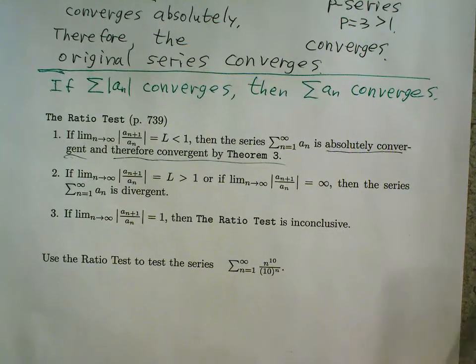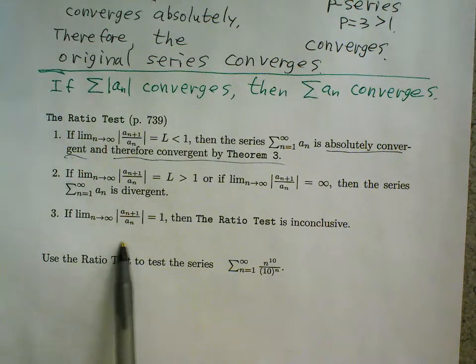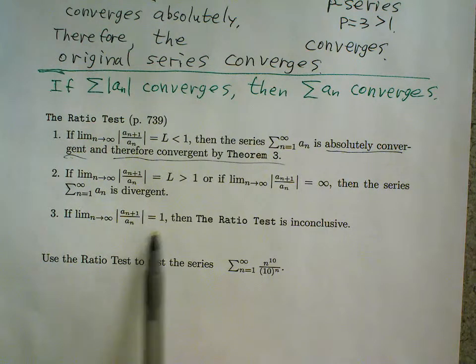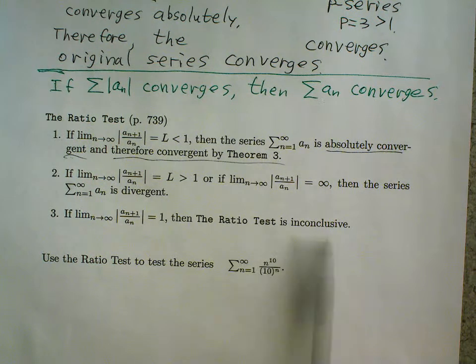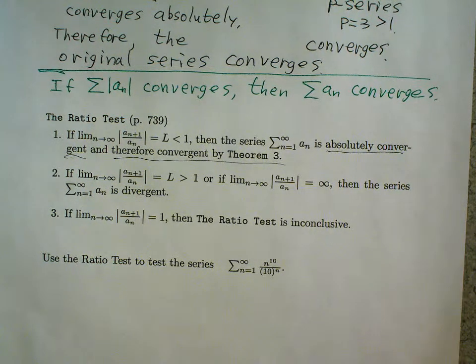And then a third possibility, if the limit of the absolute value of a sub n plus 1 over a sub n is equal to 1, then the ratio test is inconclusive. When it's inconclusive, we have to find a different method to determine if the series converges or diverges.